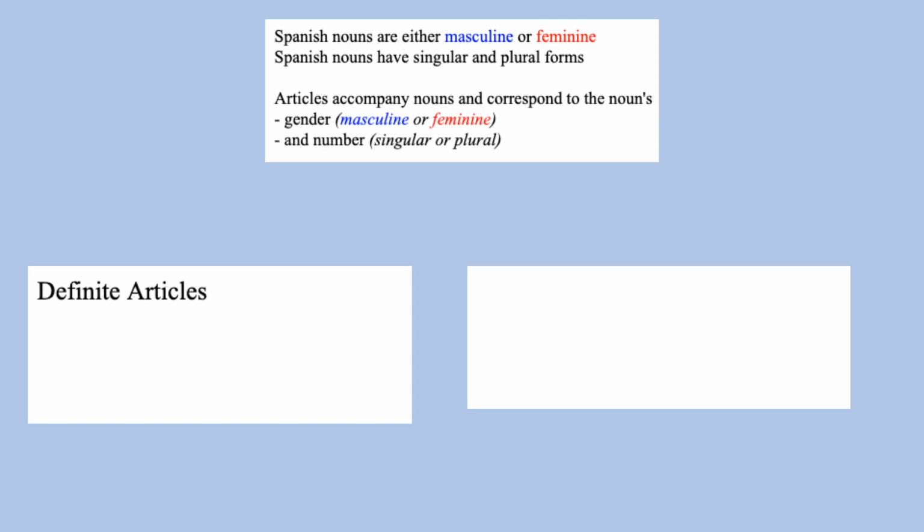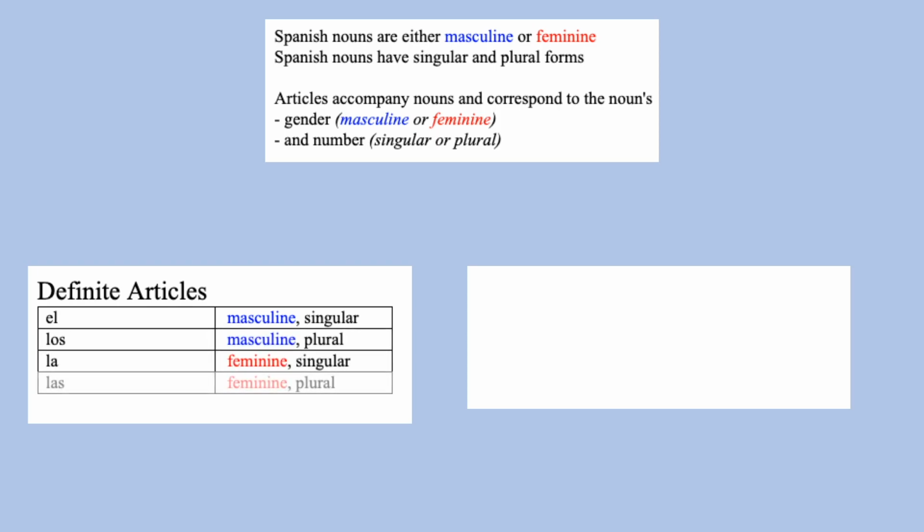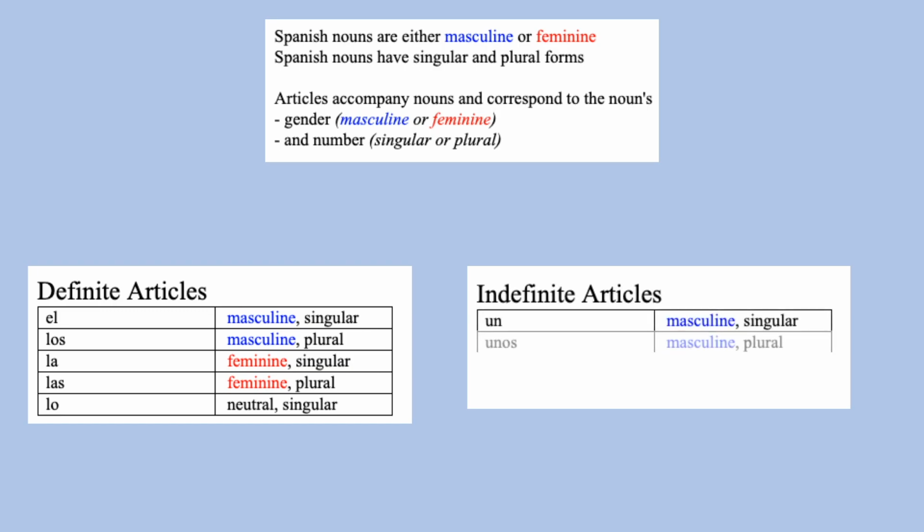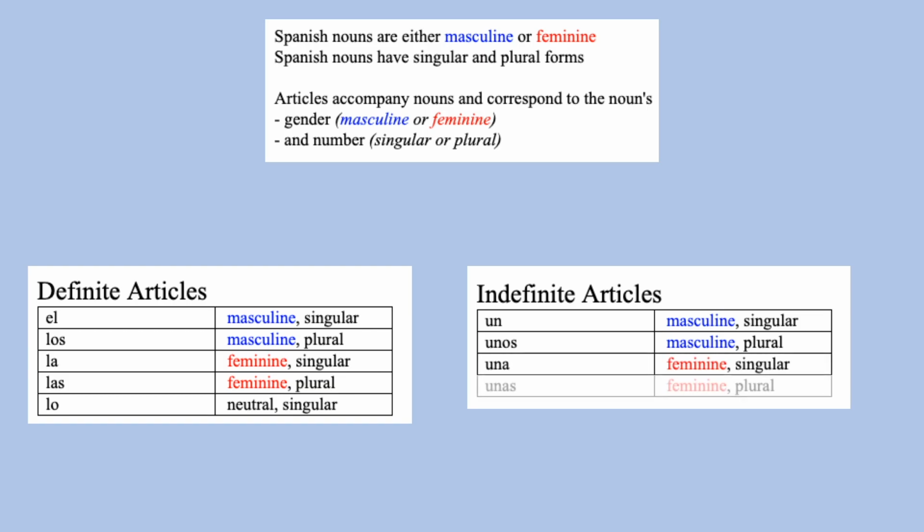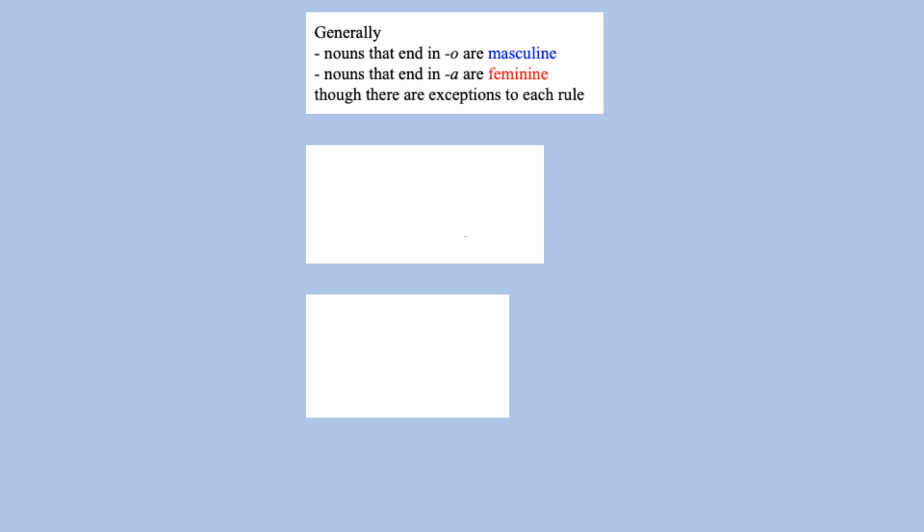We have the definite articles el, los, la, las, lo, and the indefinite articles un, unos, una, unas. Generally, nouns that end in o are masculine and those that end in a are feminine, but there are plenty of exceptions.